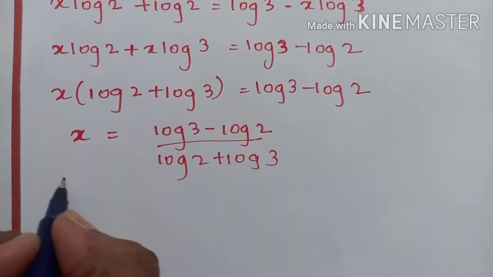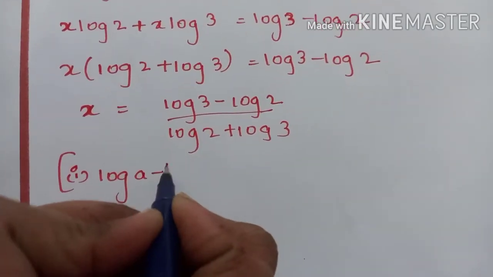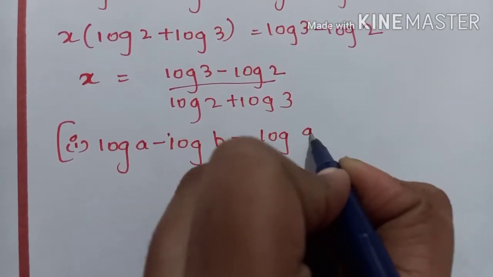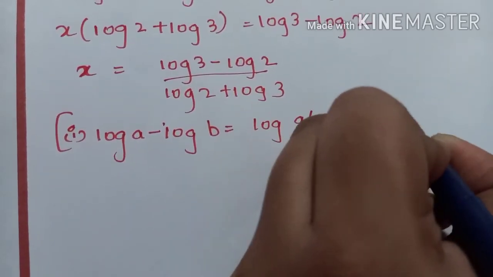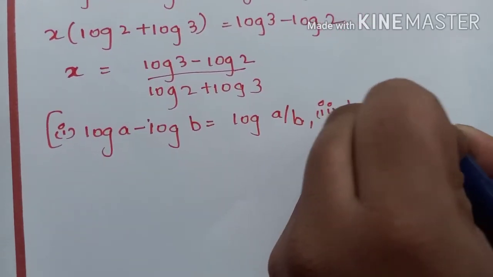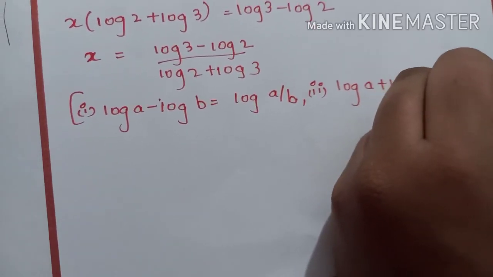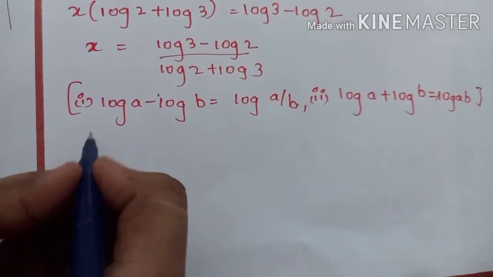Now we have to use two properties: log a minus log b can be written as log a by b, and the second property is log a plus log b as log ab. For the numerator and denominator we are going to use these two properties.